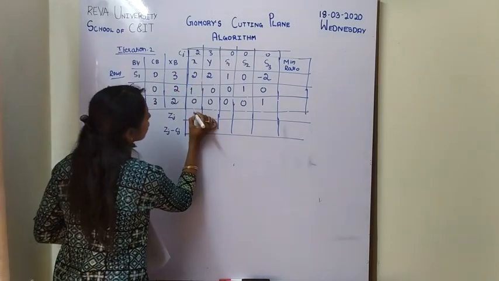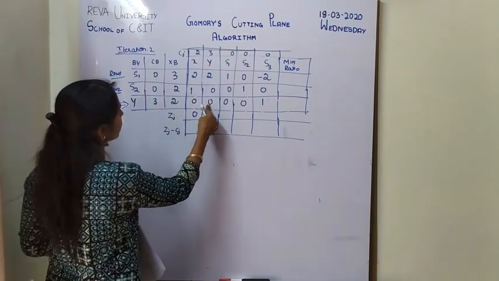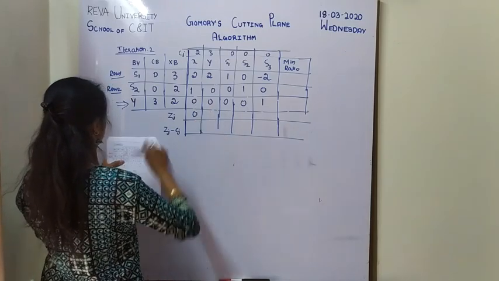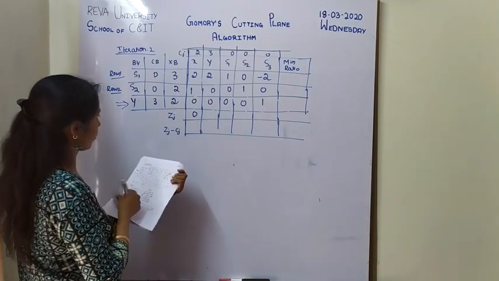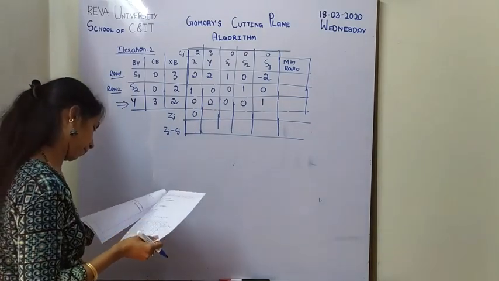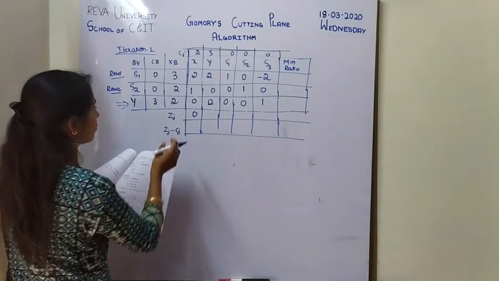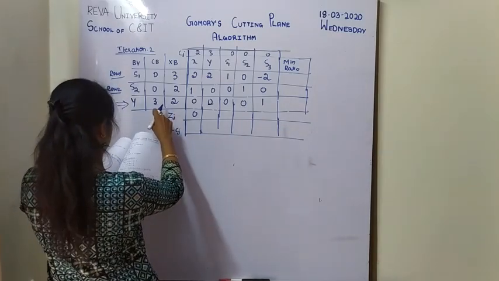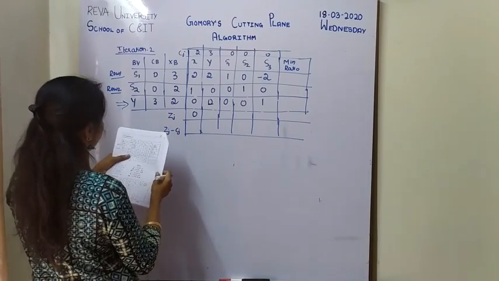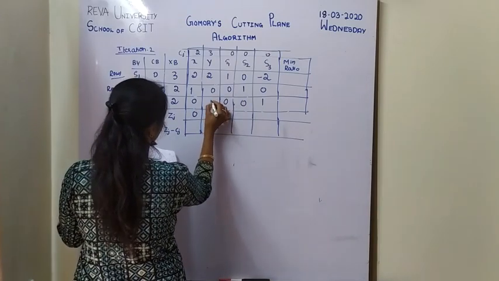So you will get 0 here. 0 into 2, 0 into 0, 3 into 0, here we are supposed to get 1 itself, since this is our pivot 1 by 1.